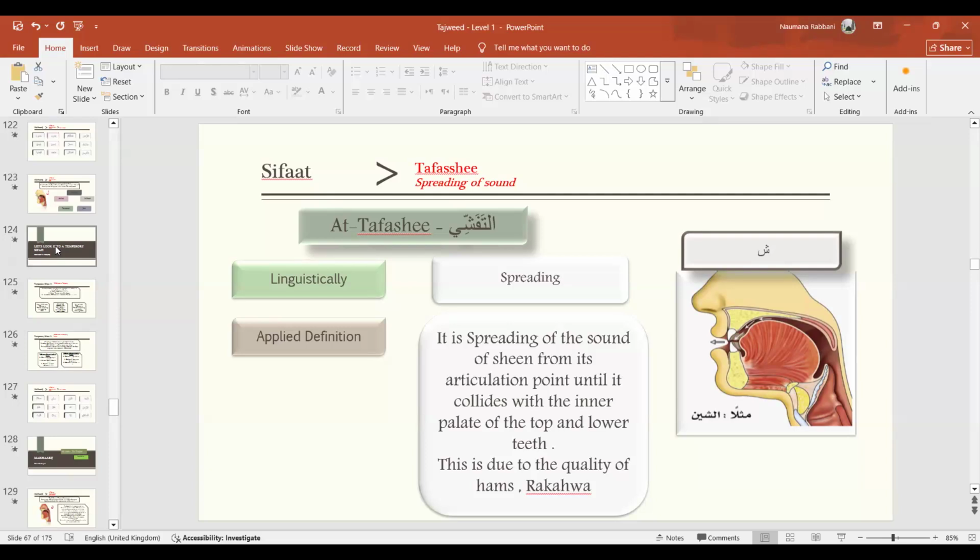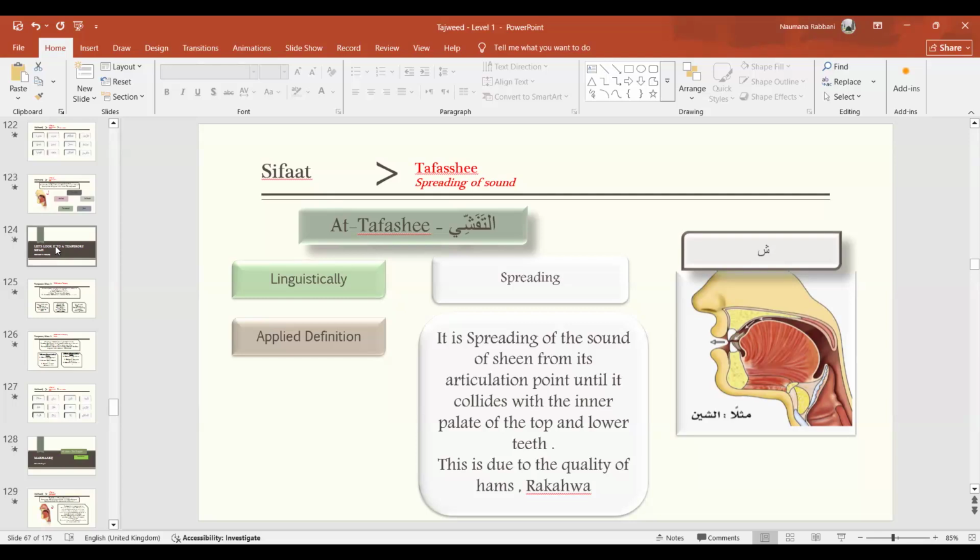Opposite to that are the letters in which the articulation points collide with force, hence the complete or partial closure of the vocal cords, and we have very little or no breath at all. In these categories, all the letters fall one way or the other. So either they are mahmus or they are majhur.